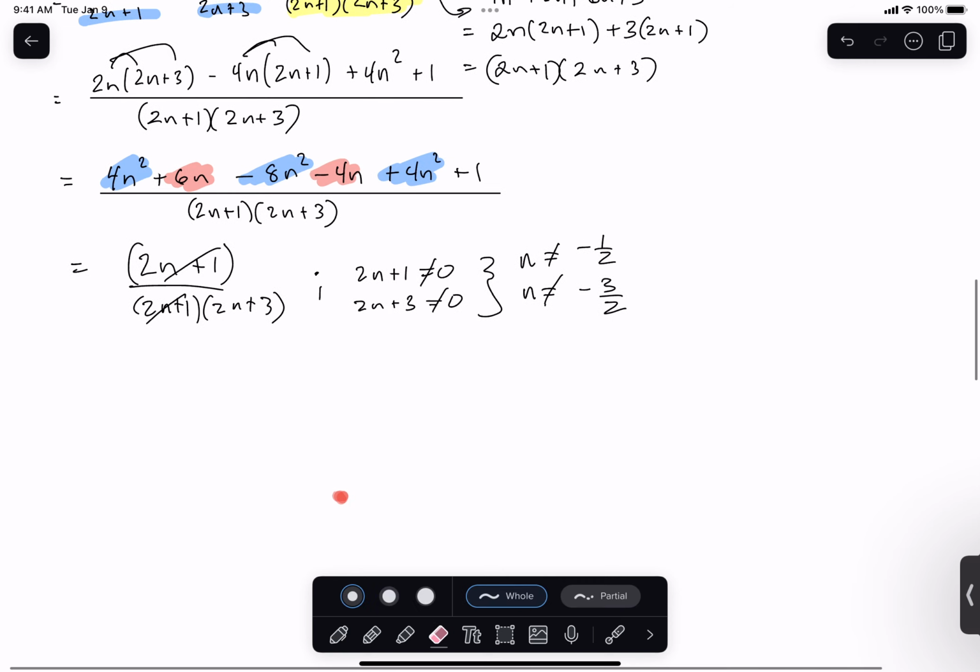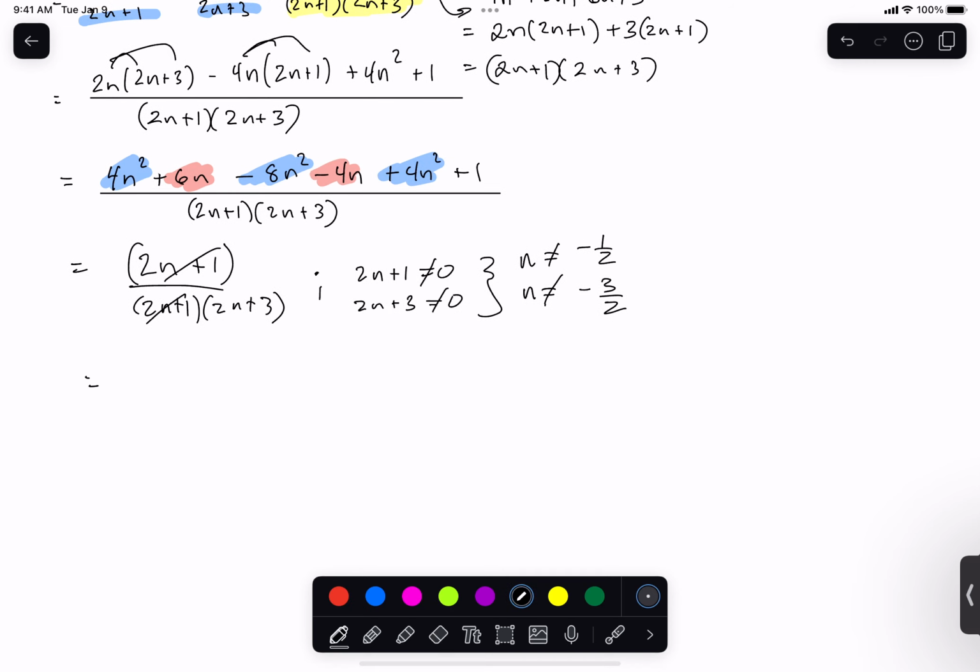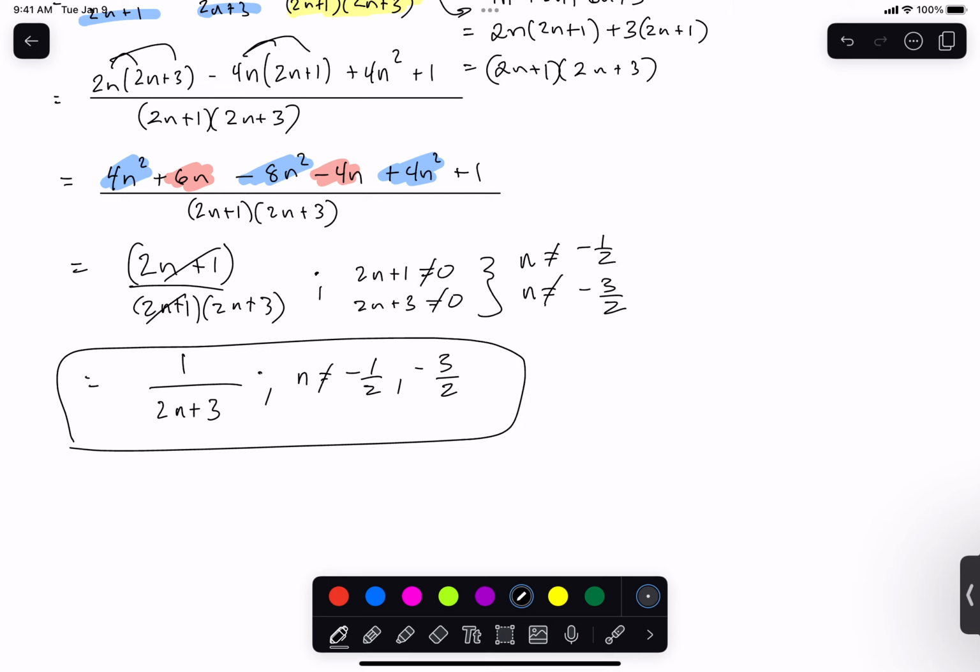Okay, and then fully simplified, we're going to get 1 over 2n plus 3, where n can't equal... okay, I'm going to stop there.